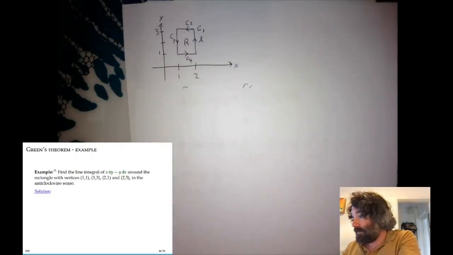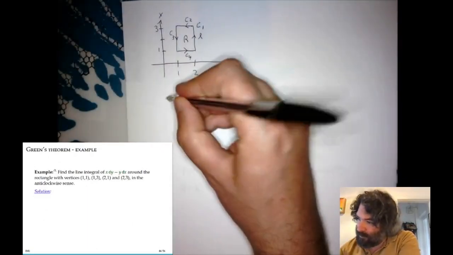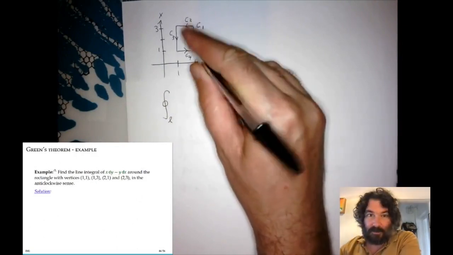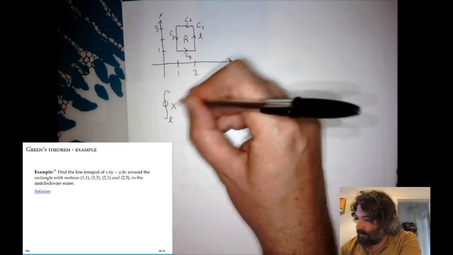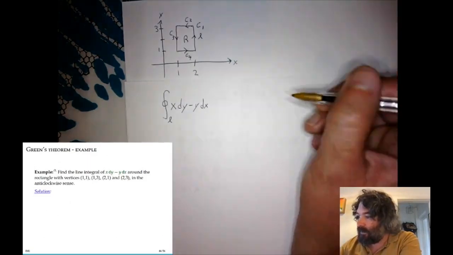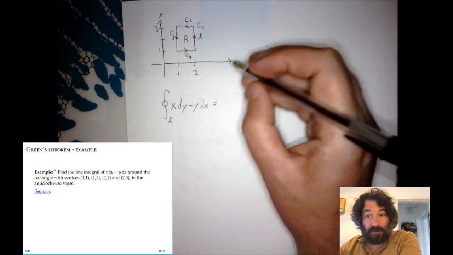All right, and so we want to compute this integral over this loop L all the way around the boundary of the rectangle of x dy minus y dx. And we'll do it by computing the integral over each of the segments making up the boundary.